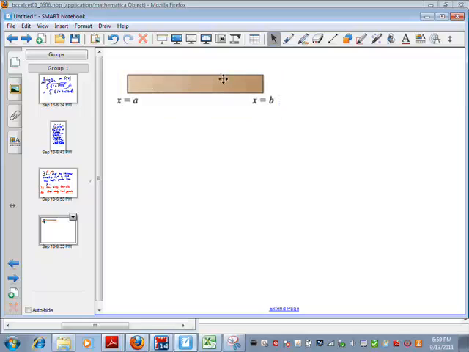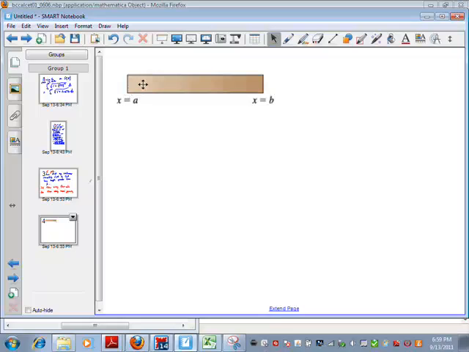We want to calculate the complete mass of this. So it's dense here, more dense over here. We want the total mass, and as you might expect, or maybe you don't expect, we're going to break up the interval from A to B into pieces.